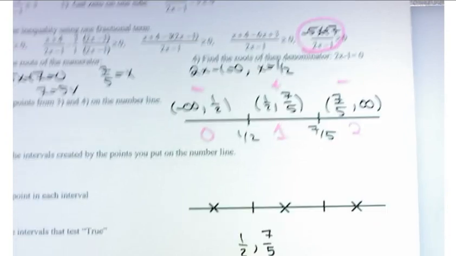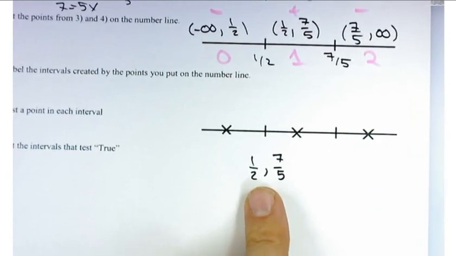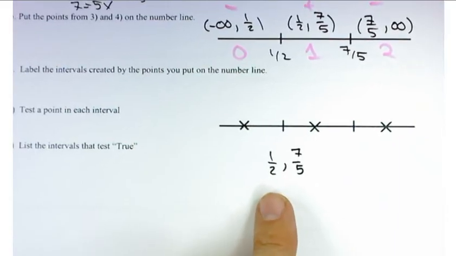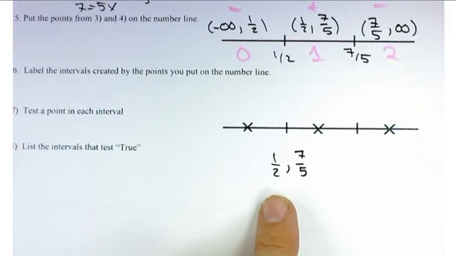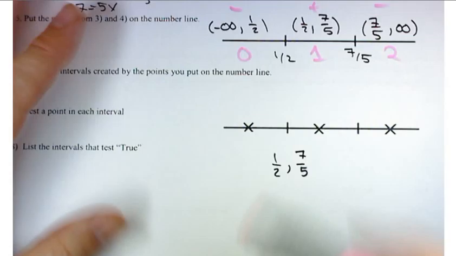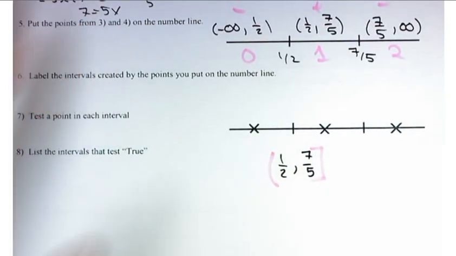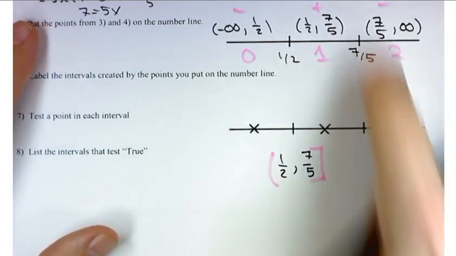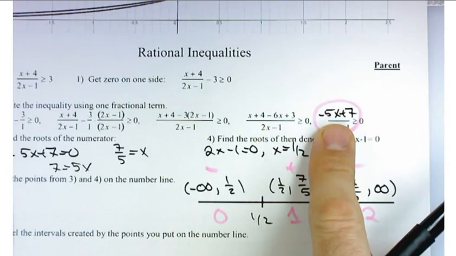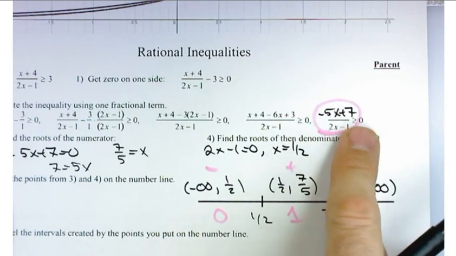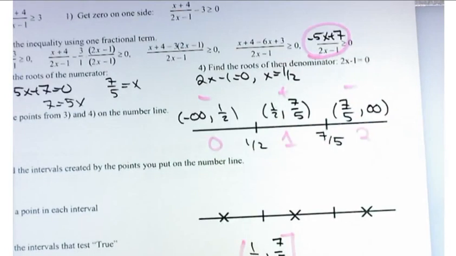So what's that mean in terms of the notation around the 1/2? Parentheses. Yes, thank you. So a 1/2 gets a parenthesis and a bracket around the 7/5. You can use the 7/5 because 7/5 makes this thing equal to 0, and 0 is greater than or equal to 0. But you can't have undefined is greater than 0.